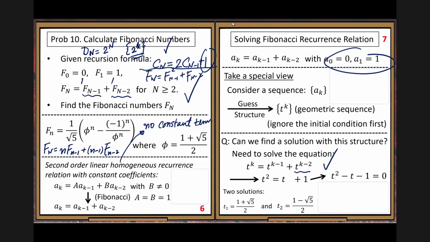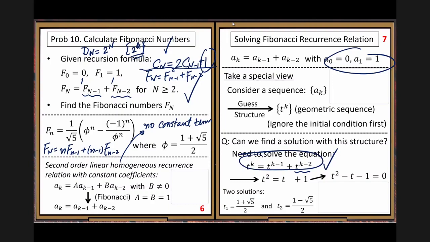Not necessarily the golden ratio. Why should this T be the golden ratio? There is no reason this T should be the golden ratio, okay? No reason. What's the requirement for this T? We only need some number that is non-zero. It must be non-zero, okay? Some non-zero number, if we plug in, this equation is satisfied. That's all we need.